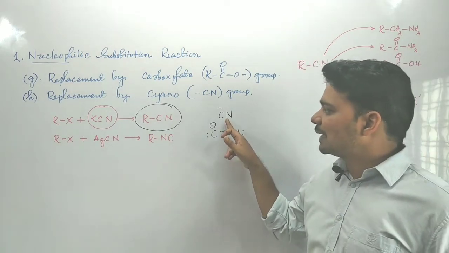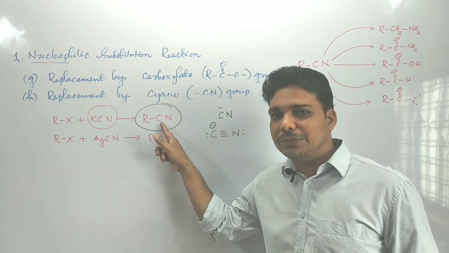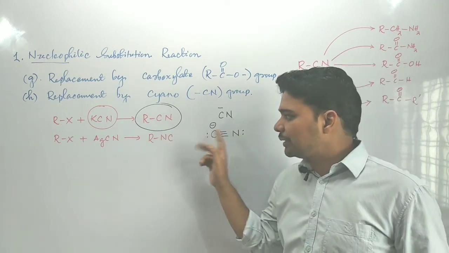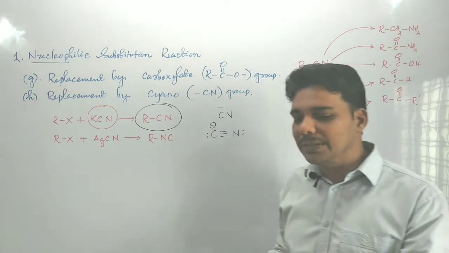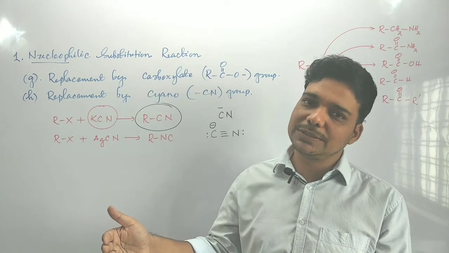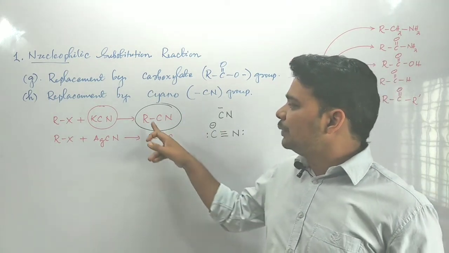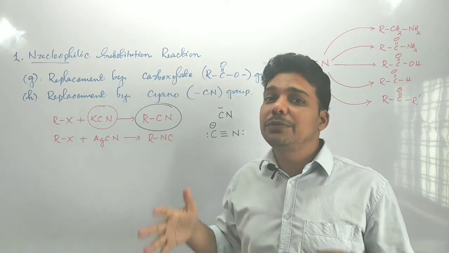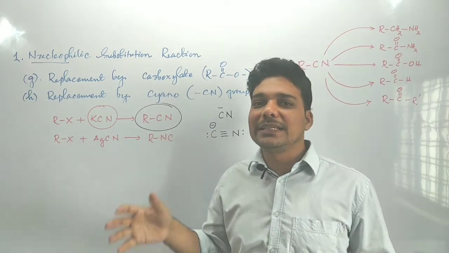When it will attack through carbon, a carbon-carbon bond is formed. Whereas when it will attack through nitrogen, a carbon-nitrogen bond will be formed. Out of these, the carbon-carbon bond is stronger. That's why predominantly we will get these kinds of carbon bonds, means we will get cyanides, alkyl cyanides in major amount.